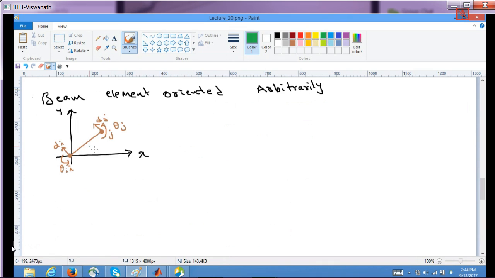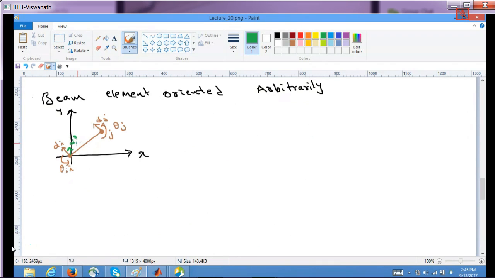In the global coordinate system, we can represent the displacement for the ith node, this is y direction, this along x direction.